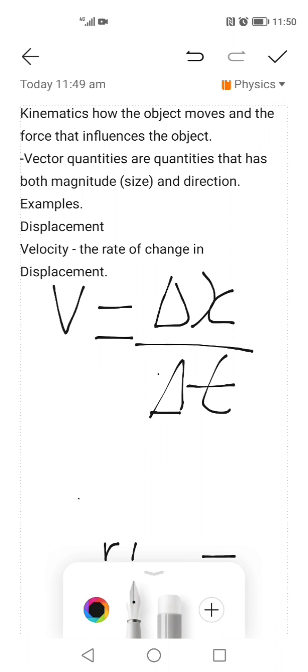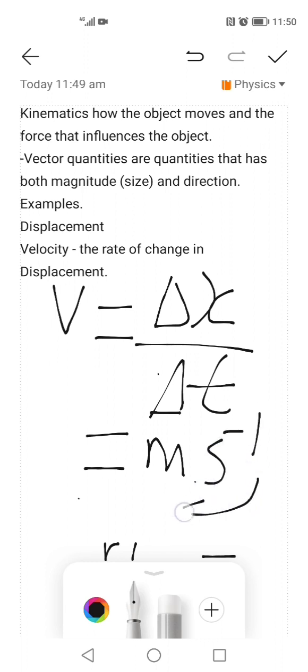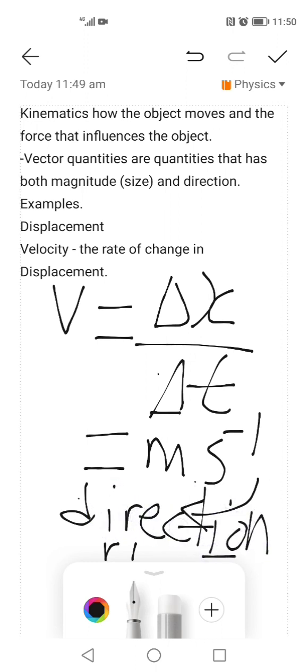And the SI unit for velocity is meters per second. And you also choose your direction. You choose your direction, then everything will be covered.